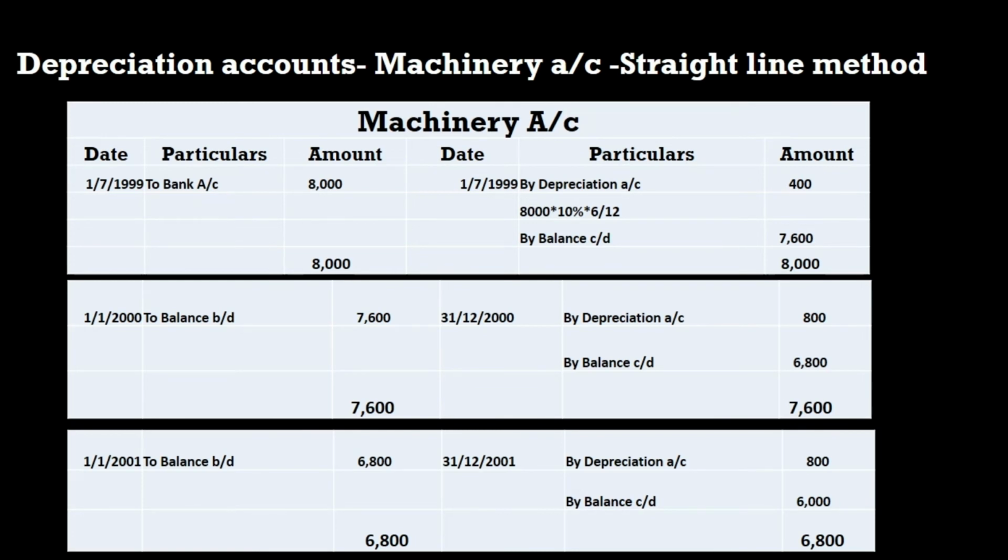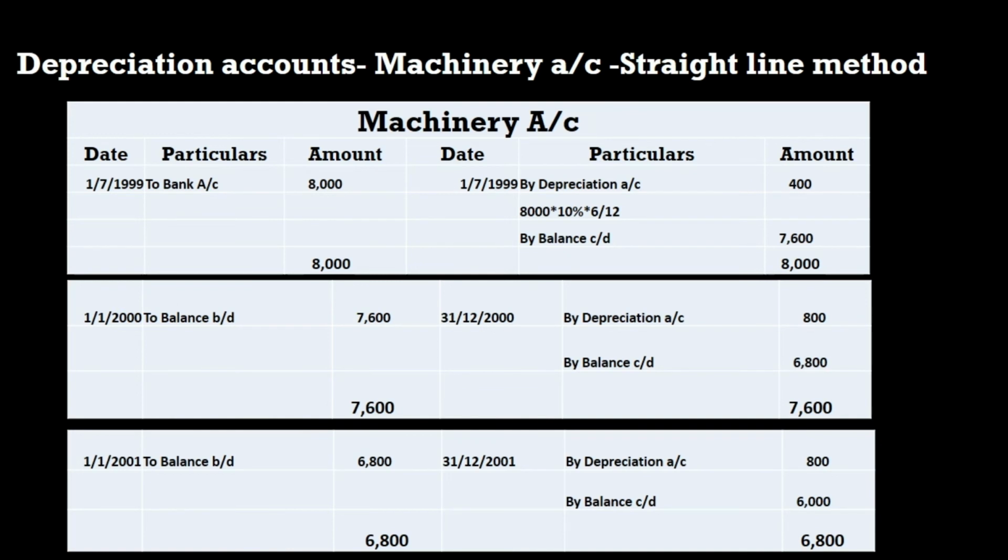We are going to subtract 800 from 6,800. That means the balance will come to 6,000. That 6,000 will go to the next year as opening balance, okay?